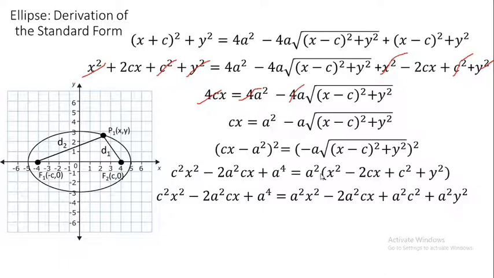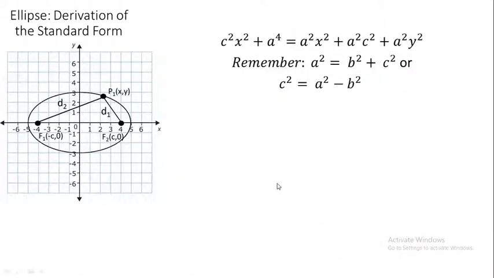We distribute a squared throughout the right side of the equation, becoming a squared x squared minus 2a squared cx plus a squared c squared plus a squared y squared. We cancel out negative 2a squared cx, leaving us with c squared x squared plus a to the fourth equals a squared x squared plus a squared c squared plus a squared y squared.